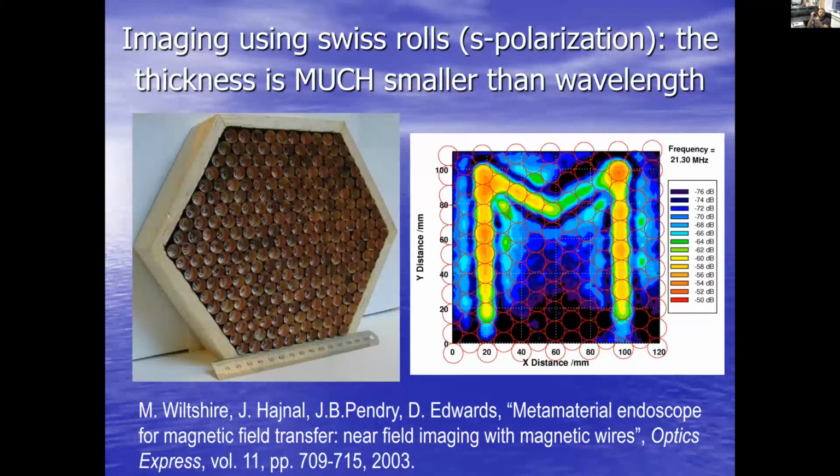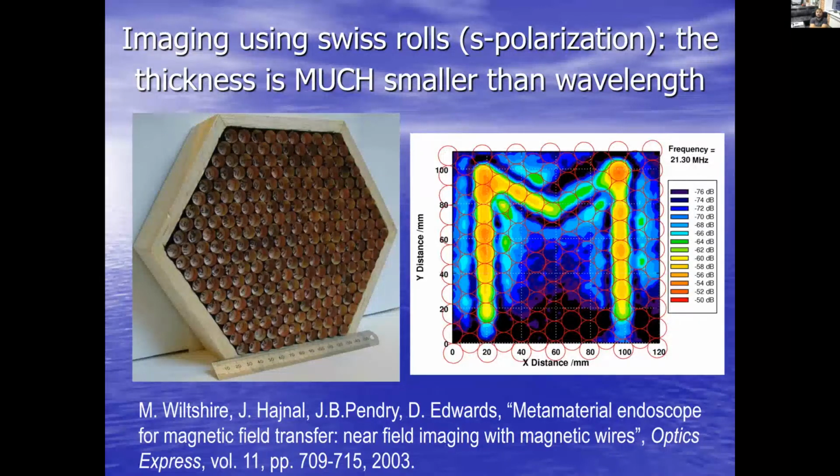They were working at one resonant frequency. Every Swiss roll is supposed to be tuned for this resonant frequency. Imagine you need 1 million of these Swiss rolls. Any PhD student will kill himself rather than tune these Swiss rolls to operate at the same frequency. Quite a bad approach, I would say.